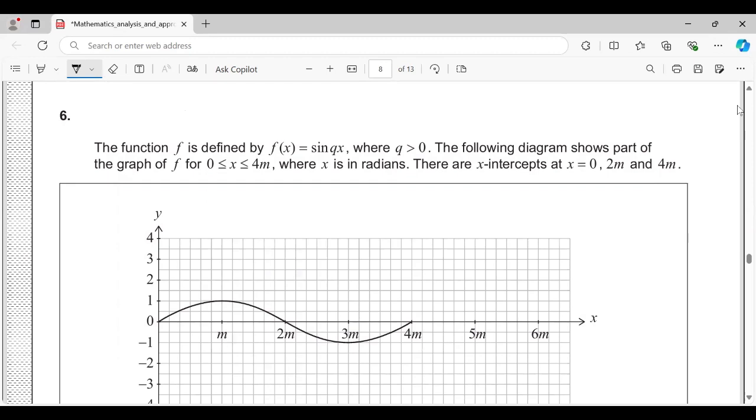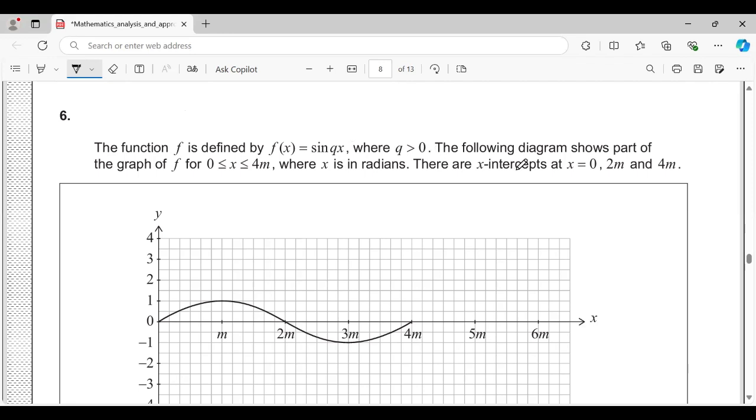The following diagram shows part of the graph of f for x from 0 to 4m, where m is greater than or equal to 0. The unit of x is radians.